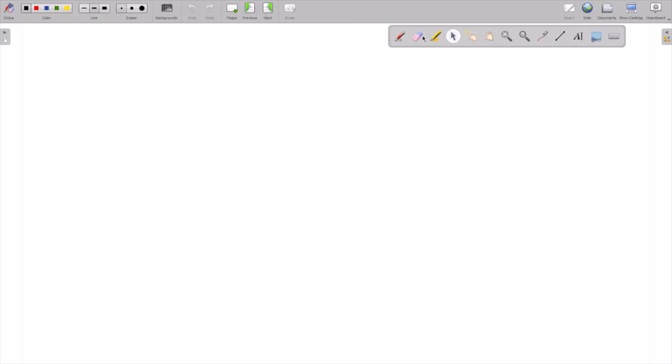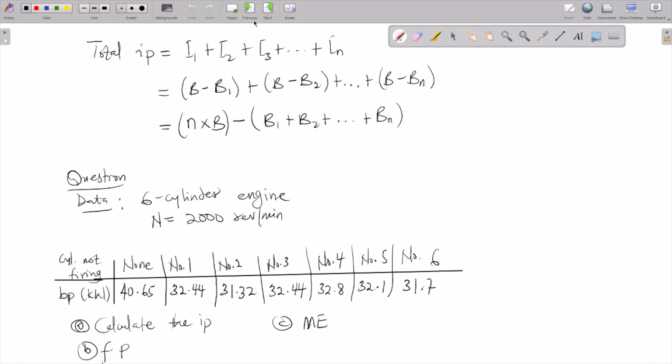So to do that, the data that was given to us was given in the table.